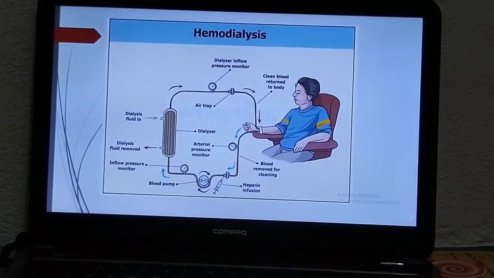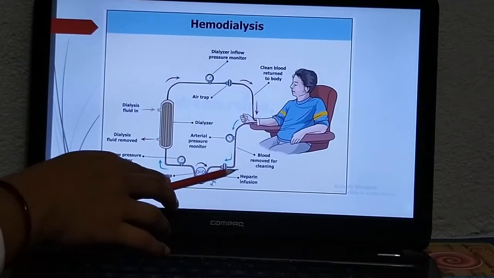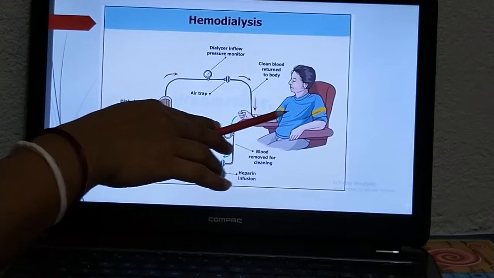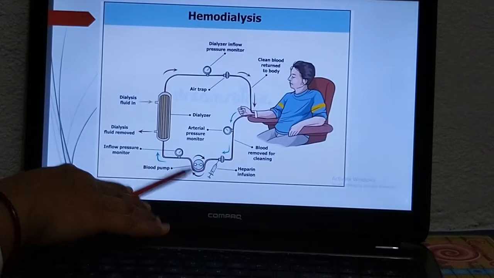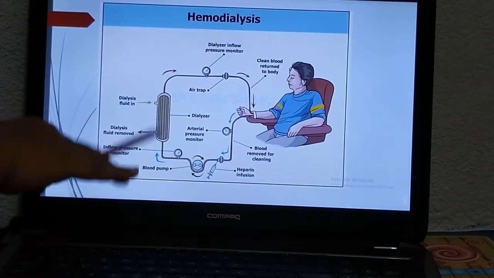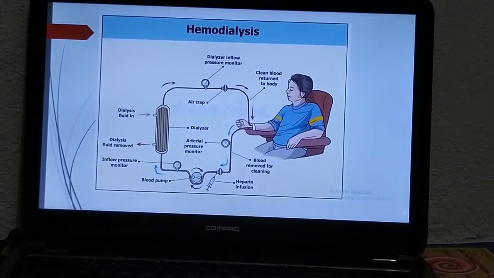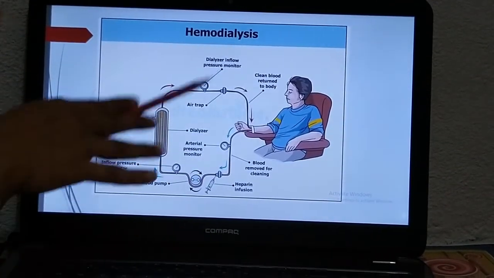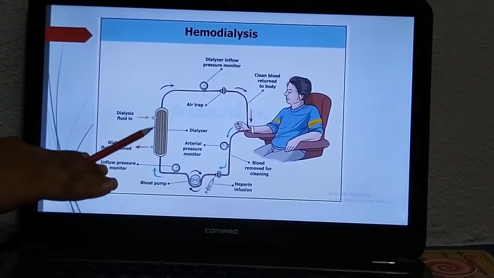More clear view. Blood removed for cleaning. Heparin infusion. Heparin is a kind of anticoagulant. It will avoid clotting, because now the blood of the patient is outside of the body. Now this blood pump will regulate the flow, and ultimately it is going to this machine. Here semi-permeable membrane layers are there, and there is dialysis fluid which has the same pressure as the patient's blood pressure, but is devoid of the nitrogenous waste.